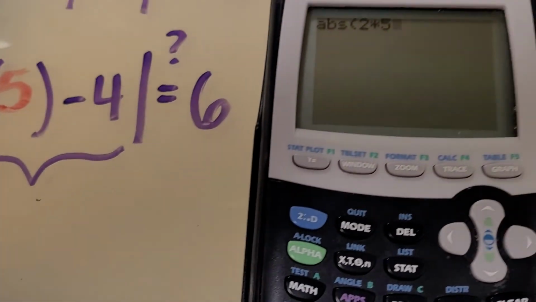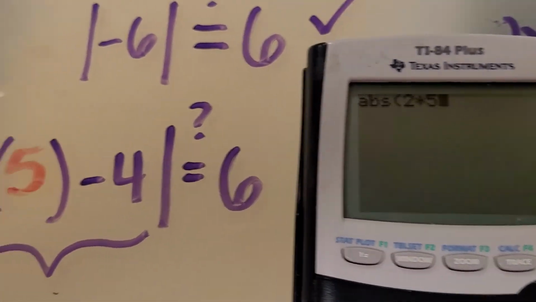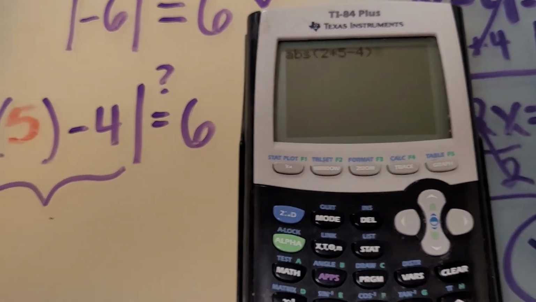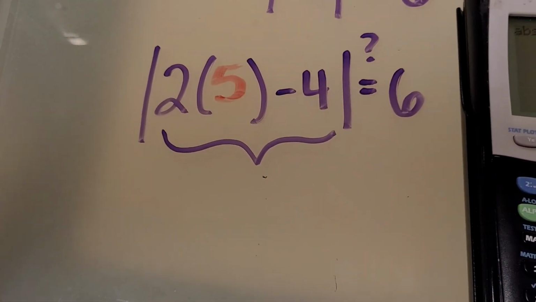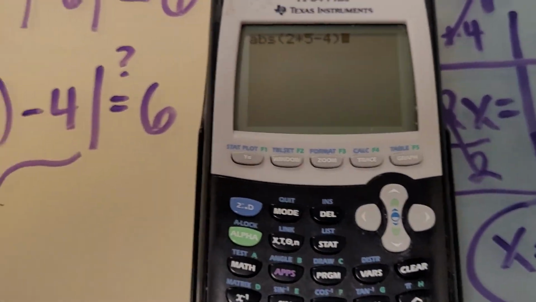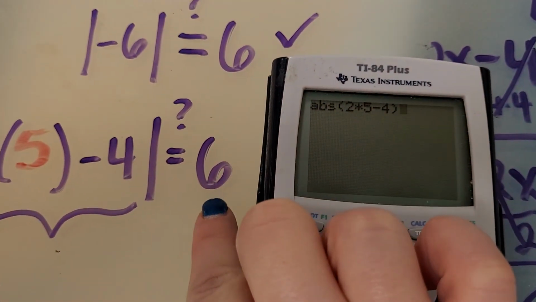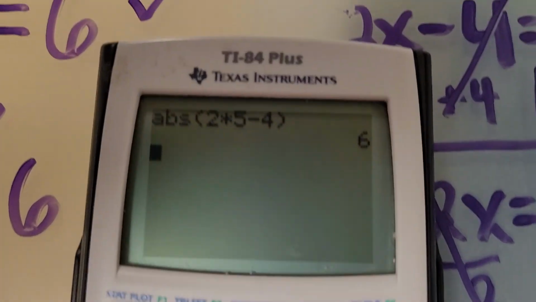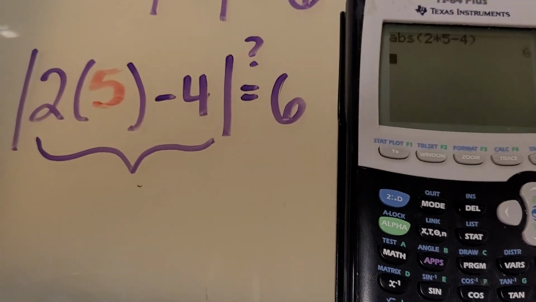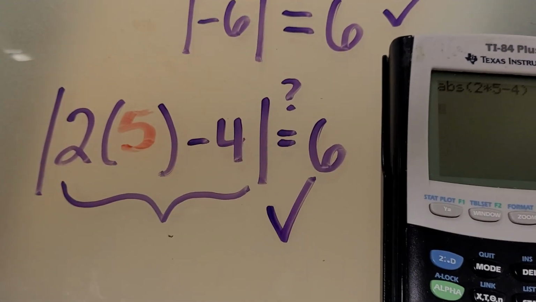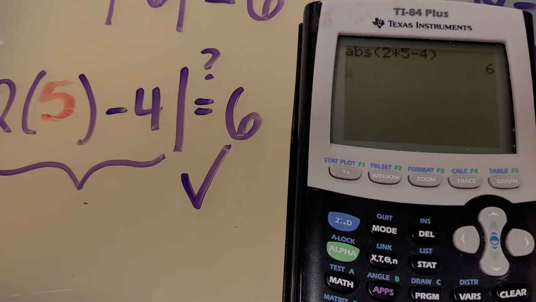You can use the parentheses around the 5, but you don't have to. 2 times 5 minus 4. Okay, so I've typed in the left side, the absolute value of 2 times 5 minus 4. And when I hit enter, if we've done this right, if this answer works, we should get 6. And there we go. See, we get the answer of 6, which verifies that we did, in fact, get the right number. 5 is a solution for this absolute value equation.